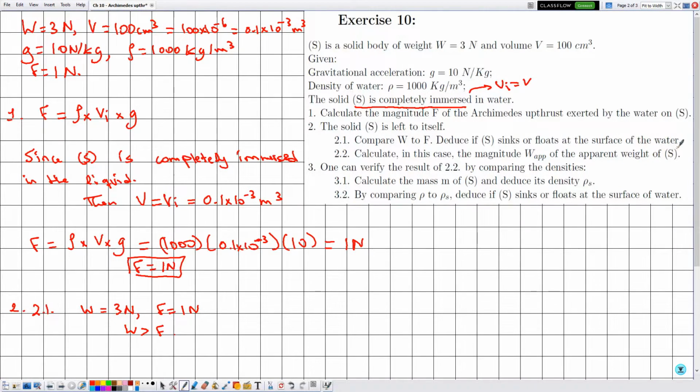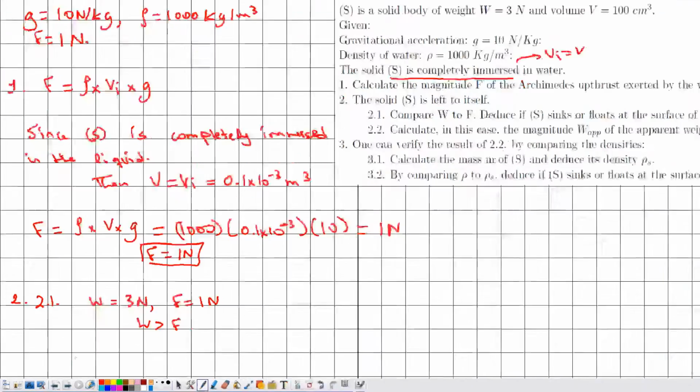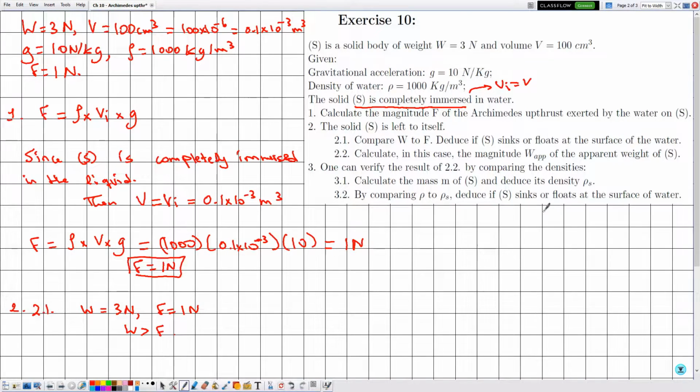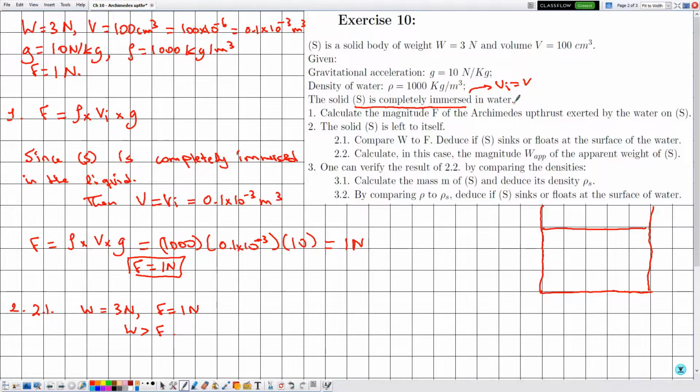They are telling me to deduce if S sinks or floats at the surface of the water. By deduce it means that we need to use the part just before, where we have done the comparison between W and F. Let me do the following sketch. This is the liquid contained in this container, and the solid S is completely immersed in water, so we don't know yet if it will float or sink.